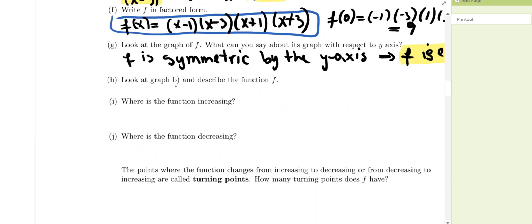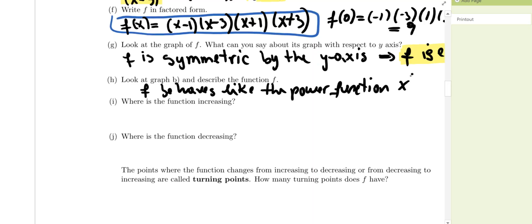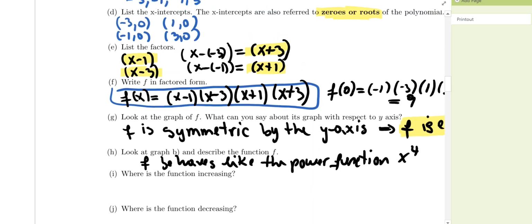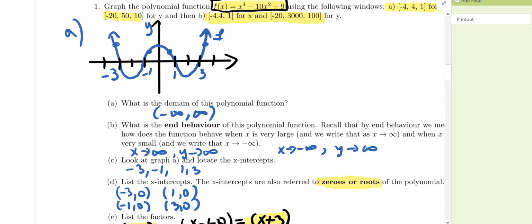So f behaves like the power function x to the fourth. Now, where is the function increasing? We see that the function is increasing from here to here, and then from here to here.